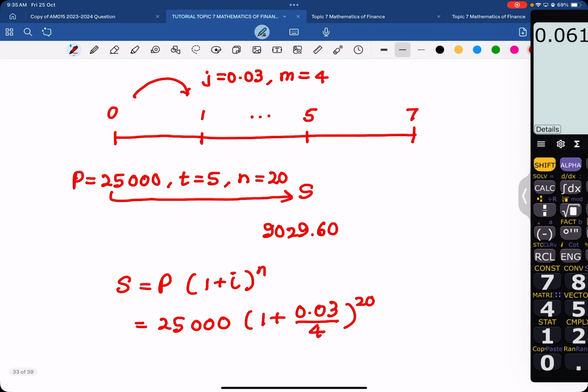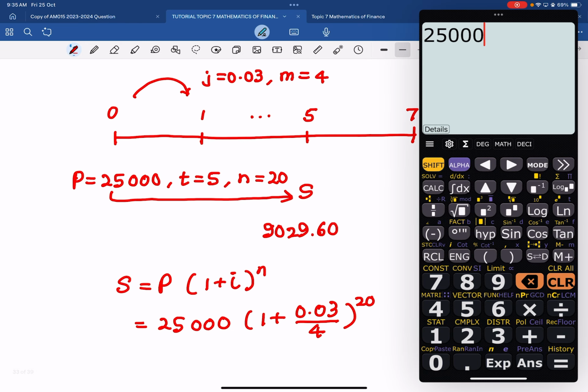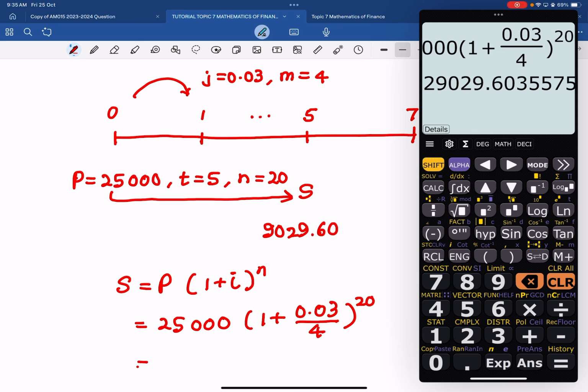So what is the value? 25,000 times (1 plus 0.03 divided by 4) power 20. What will we get? 29,029 ringgit and 60 cent.